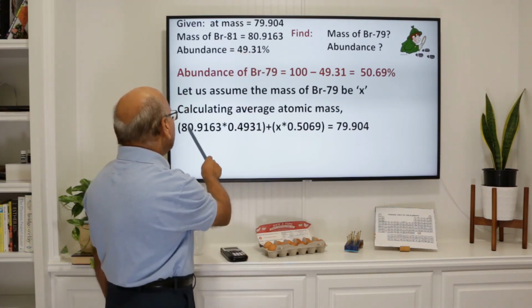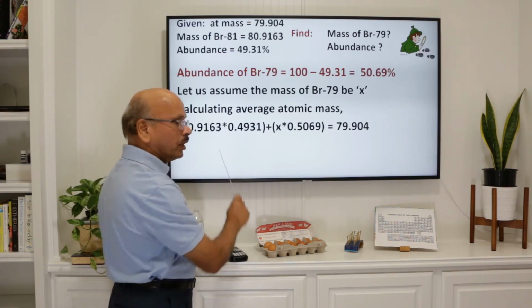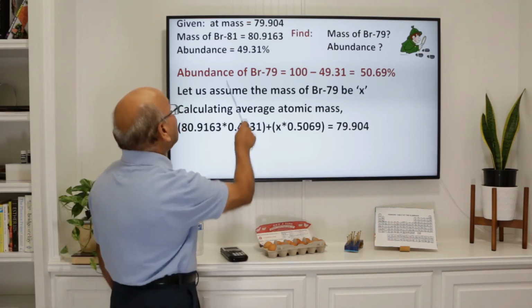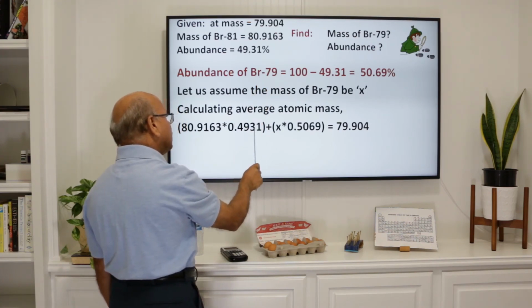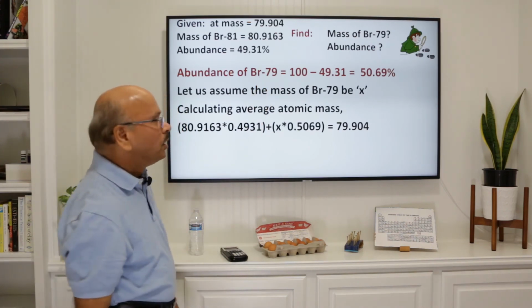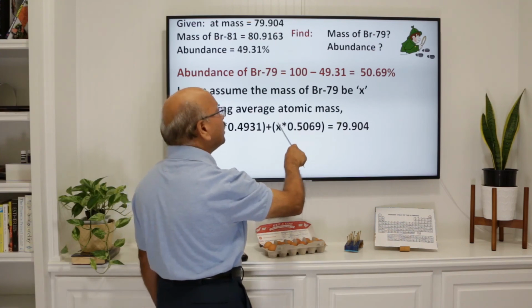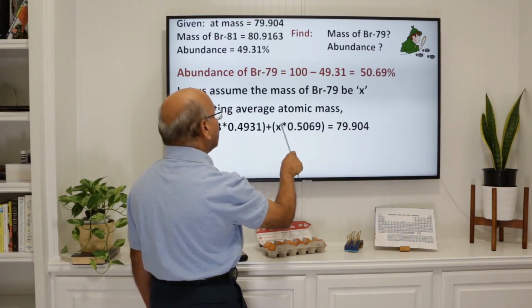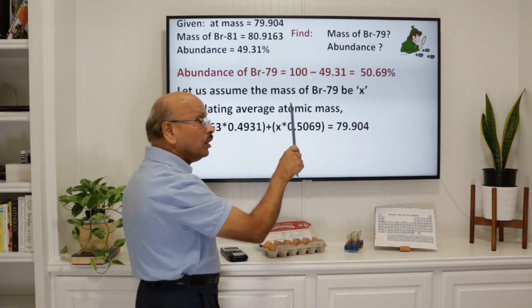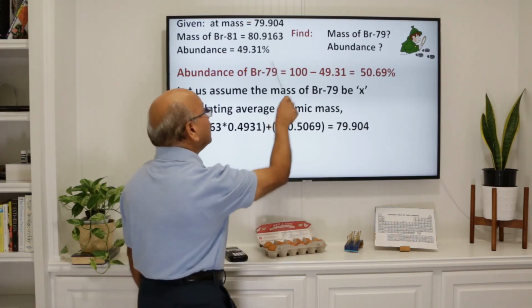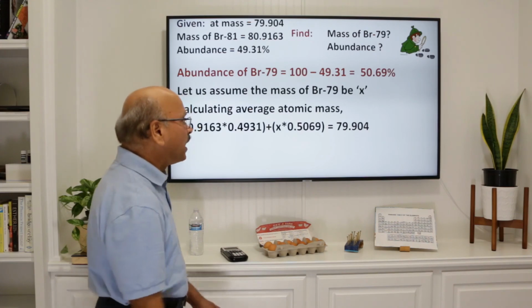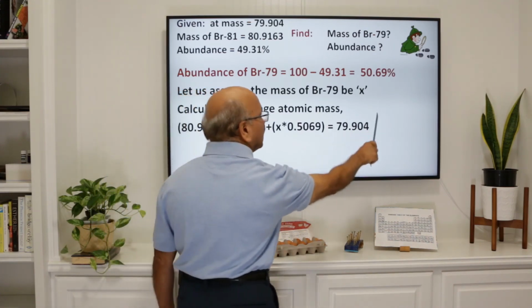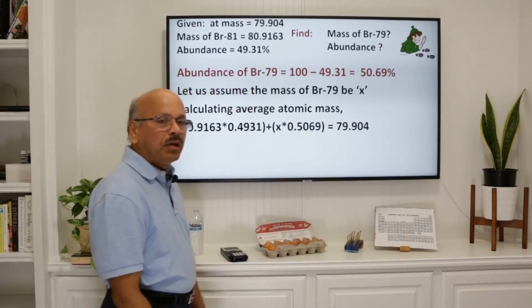So 80.9163, that is the isotopic mass, and the 49.31 you divide by 100, which is 0.4931. Multiply them together. Go to the next isotope, which is your bromine 79. So X, because we don't know that, multiply with the fraction which is 0.5069, and the total is going to be the average atomic mass 79.904.